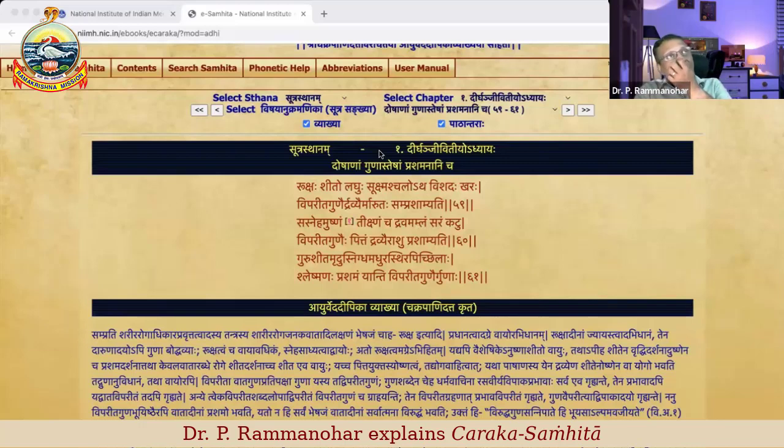When we work hard, actually, initially the agni will increase. And that is why the fuel is being burned. Vyayama will increase Agni.